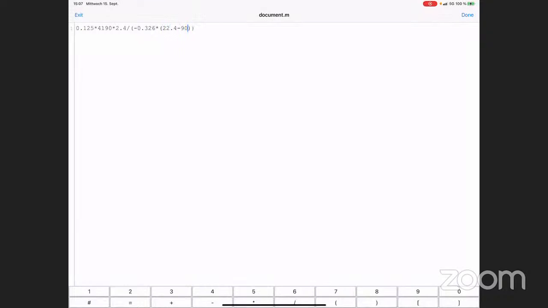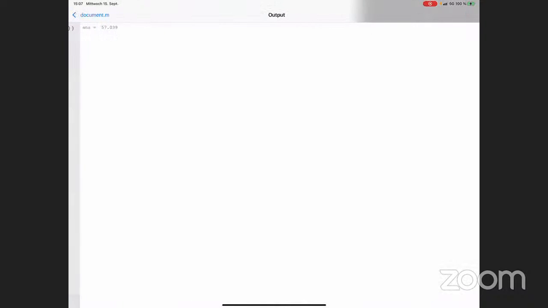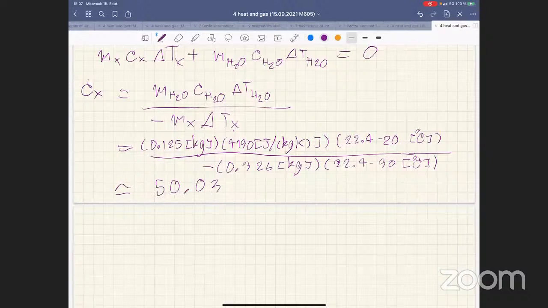It's 50.039 joule per kilogram and Kelvin.